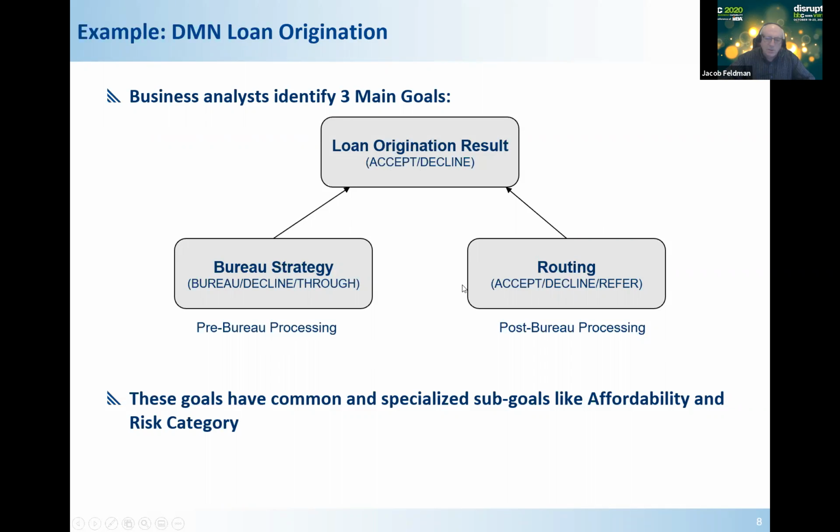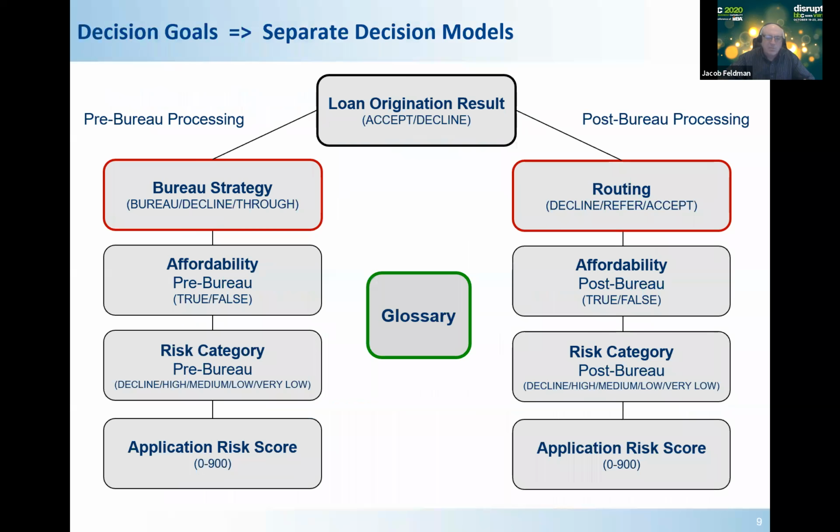These goals and sub-goals can have sub-goals such as affordability, for example. Here is affordability for pre-bureau, and this is affordability for post-bureau. They are slightly different because they use different logic to calculate the same goal, affordability. Similarly, the sub-goal risk category is still risk category, but it has different business logic for pre-bureau processing and for post-bureau processing.